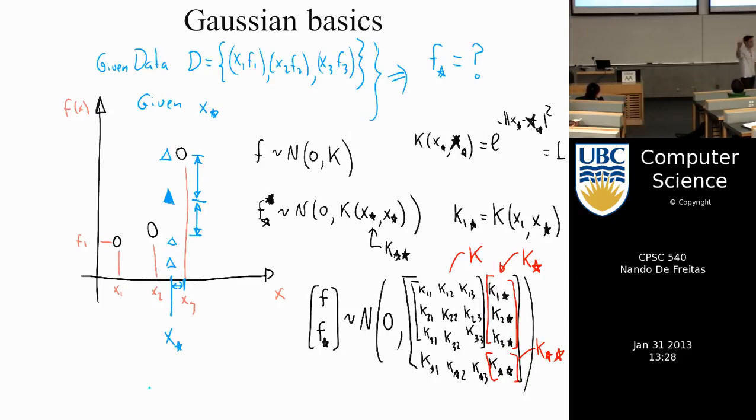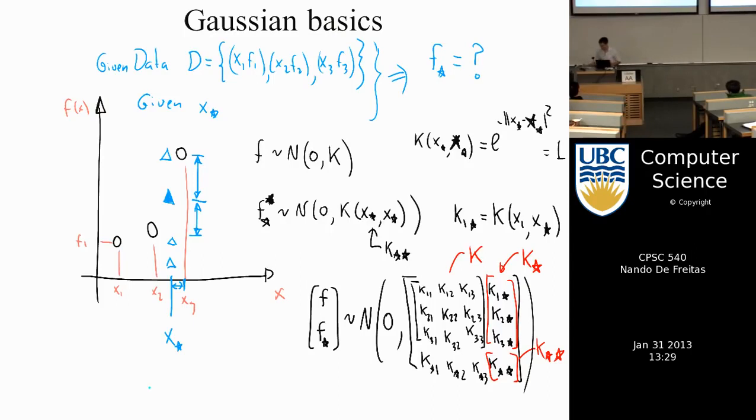We have a multivariate Gaussian, a joint Gaussian. We want a conditional, so we use the theorem. When f is given, you have a 4-dimensional Gaussian, and you've done a cut in 3 dimensions. Those are the 3 points f. 3 cuts. And you're just left with a 1D Gaussian, and that's the Gaussian for x star.